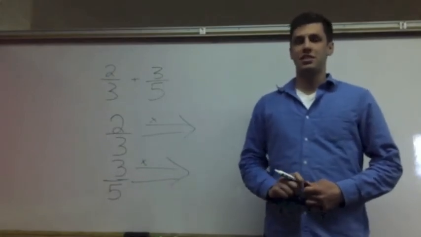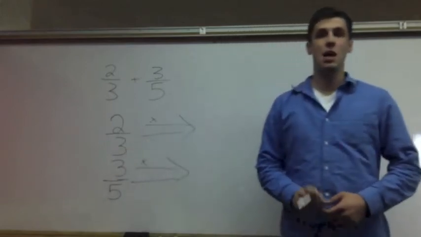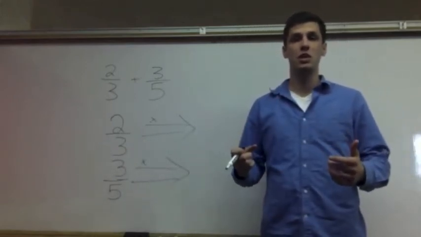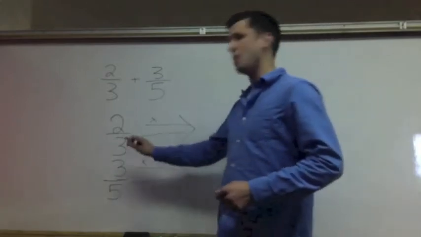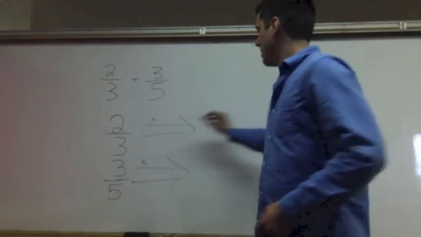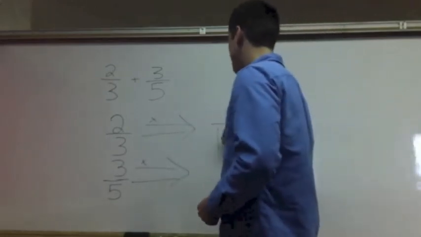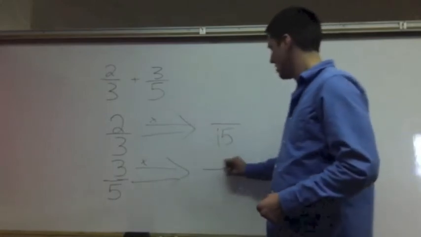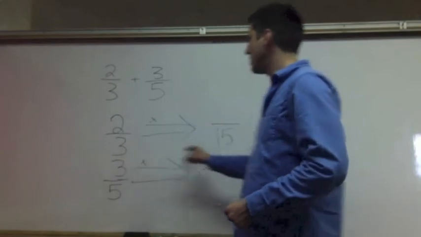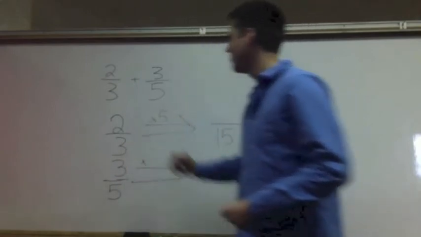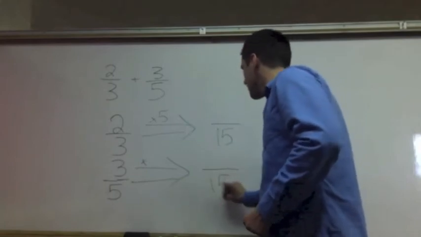Now, what you have to ask yourself in this scenario is, if you want a 5 and a 3 to be the same number, what is one number that they'll both equal? An easy way to do that is to say, well, what is 5 times 3? 5 times 3 is going to be 15. So in this case, the change factor of turning 3 into 15 is going to be a 5. And in this case, the change factor of turning a 5 into a 15 is going to be 3.